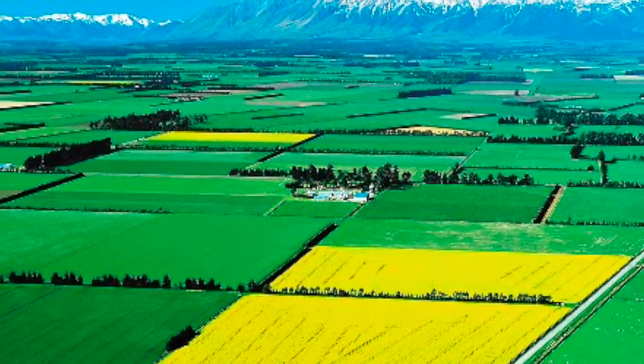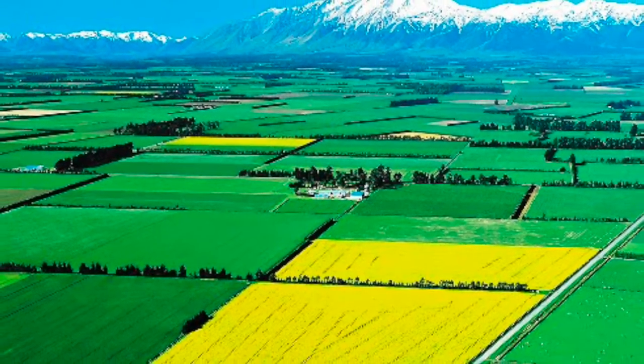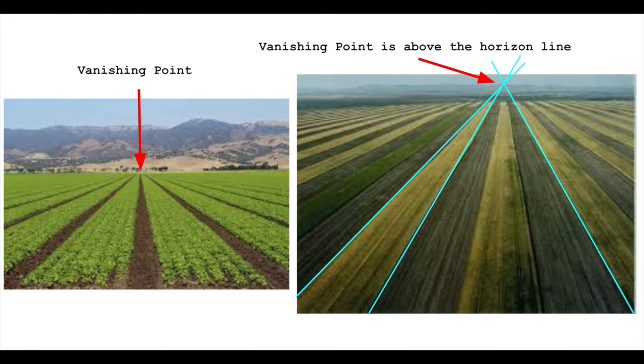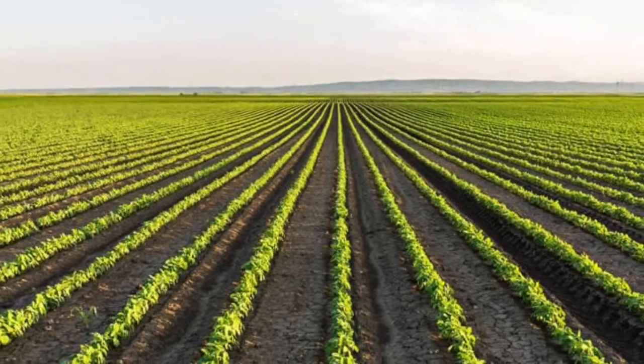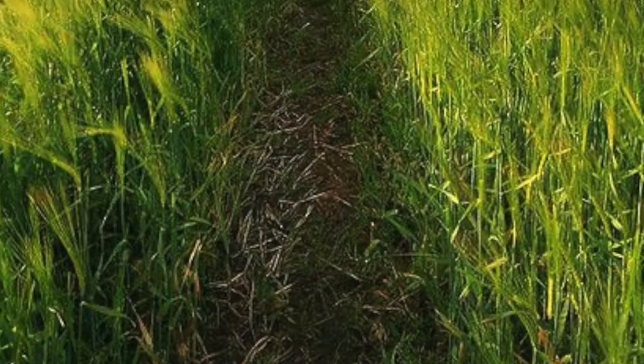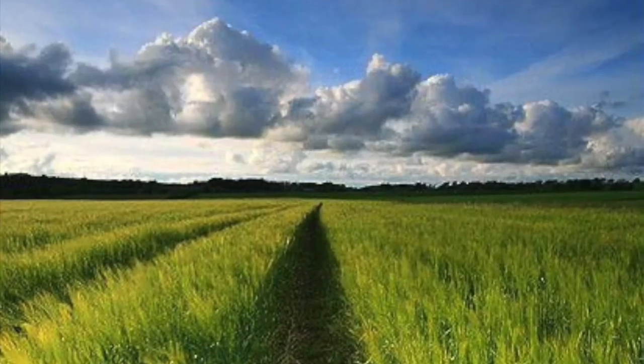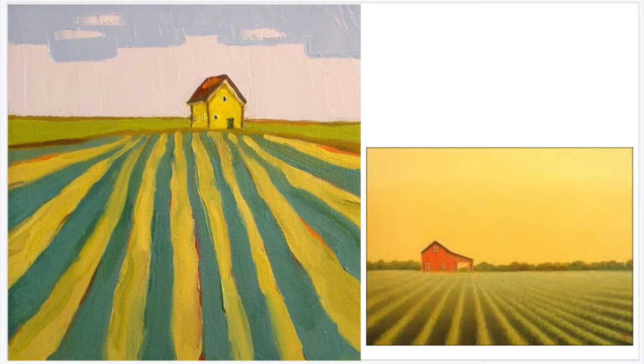Here are some images of fields of flowers. You can see the vanishing point off in the distance. Sometimes the vanishing point is off of the horizon line, a little bit higher. You can see the lines moving into space. Here are the actual fields in a farmer's crop, and that really helps in drawing to show the movement back into space.